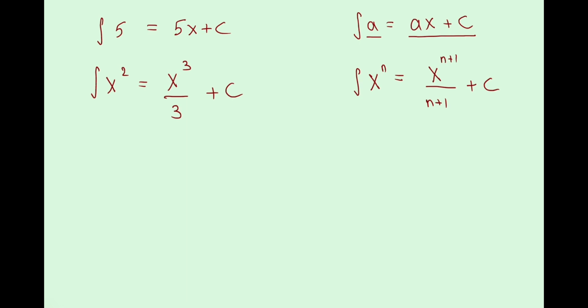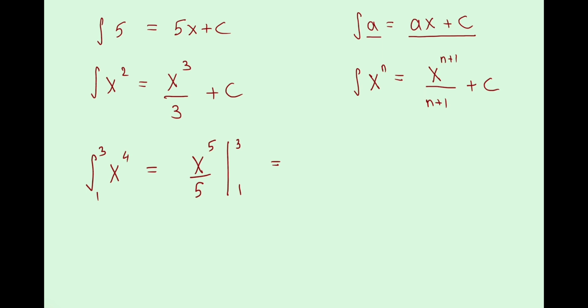Now what if we have a definite integral? Let's say we have x raised to the 4th power, and the lower limit is going to be 1 and the upper is going to be 3. First thing we do is integrate x to the 4th power, which is going to be x to the 5th power over 5, and then we evaluate the integral over the borders 1 and 3.